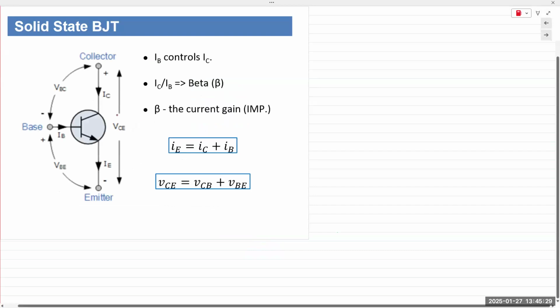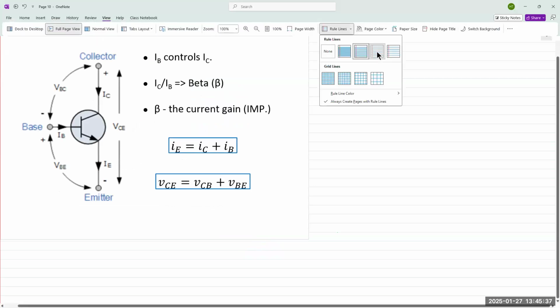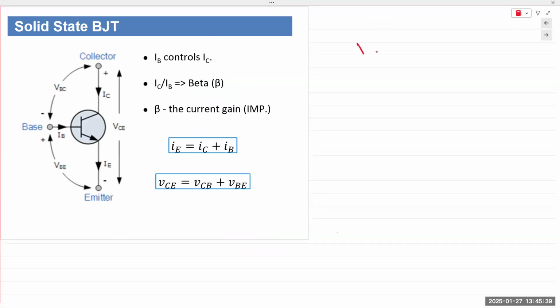So we still use a two-subscript notation for the voltages. If you remember from 201, VXY means we apply the positive terminal of the meter to X, meaning the first terminal, and the negative terminal of the meter is connected to the second one.